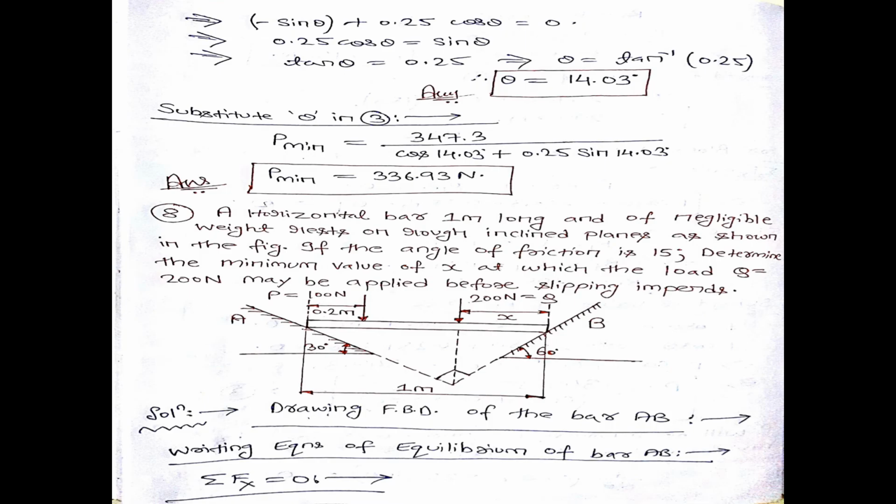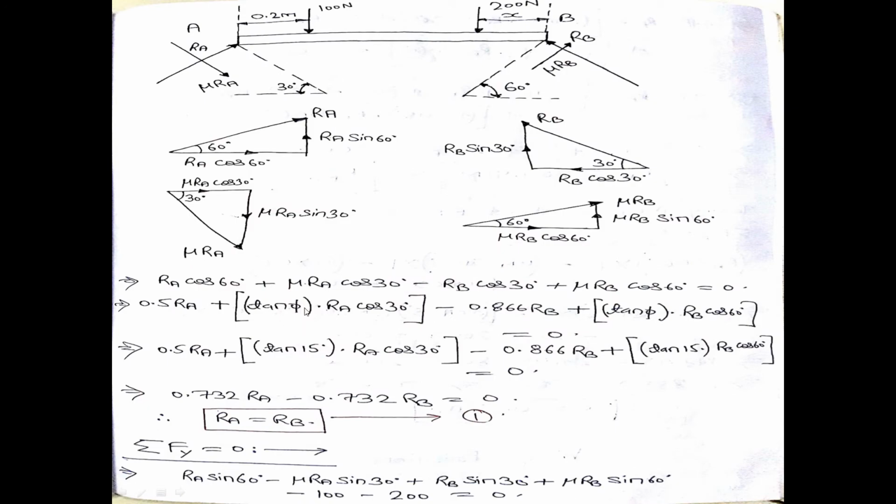The angle of friction is given as 15 degrees, and this is the phi value. So in place of phi you can substitute 15 degrees and solve this expression. You will get that RA is equal to RB, which is equation number 1.